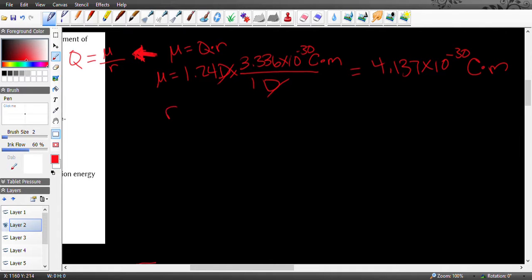R, we're going to have to go from angstroms to meters.